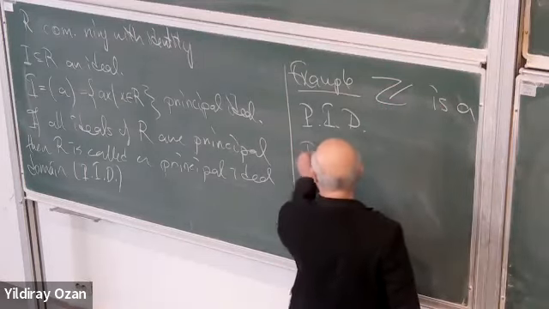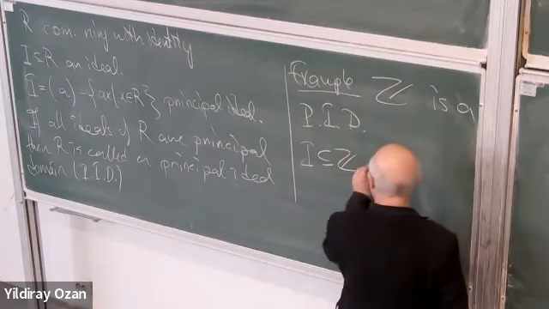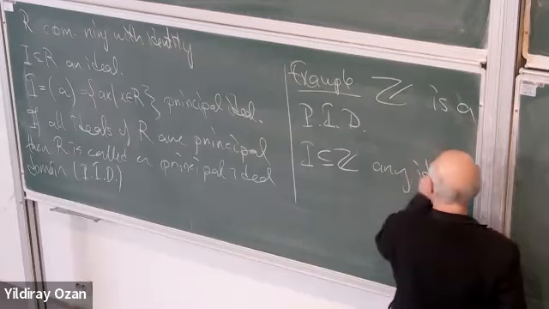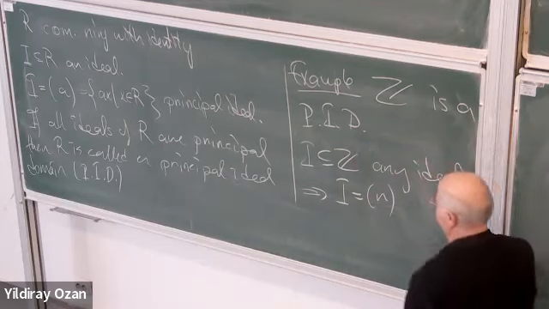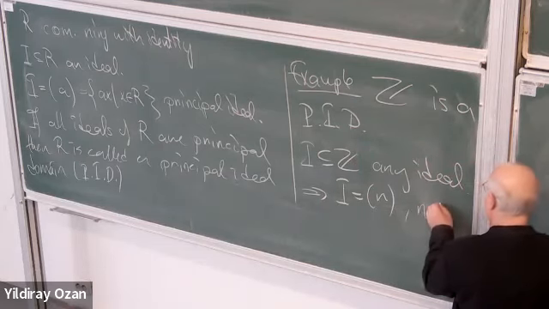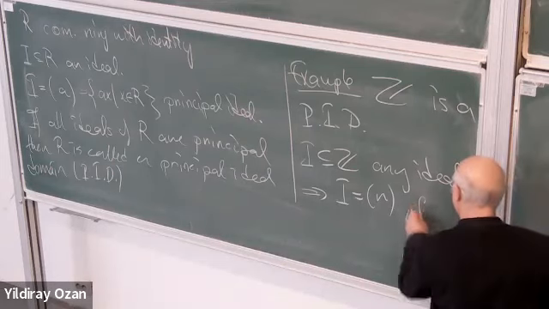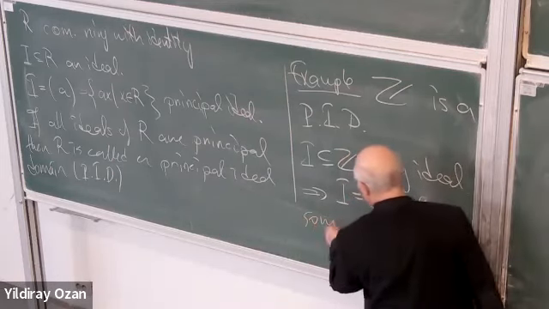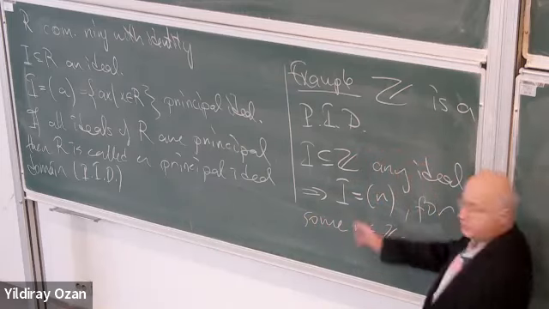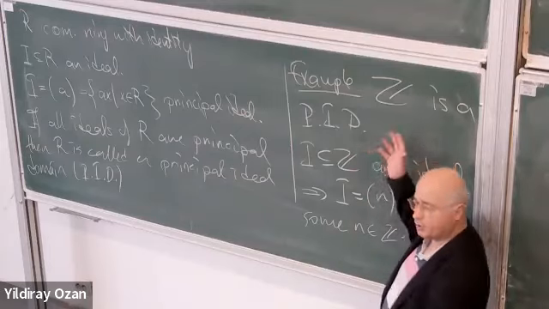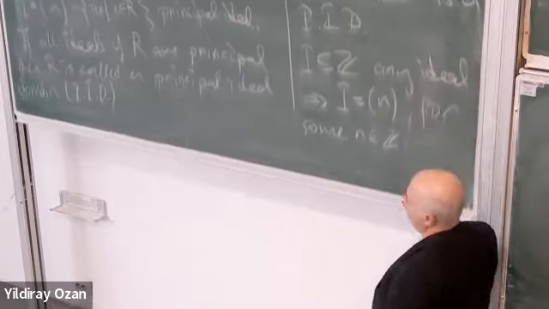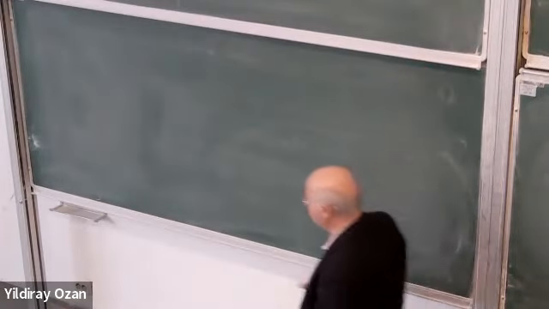So if I is an ideal, then this ideal is generated by a single element, for some element. And last time we have proved this. The basic tool we used in the proof was the Euclidean division algorithm, right? This is actually one of the rings we would need in our study.